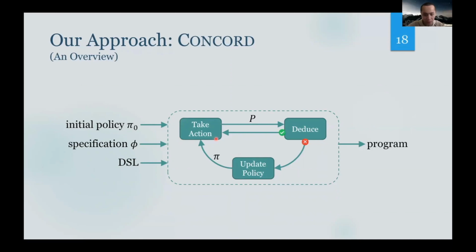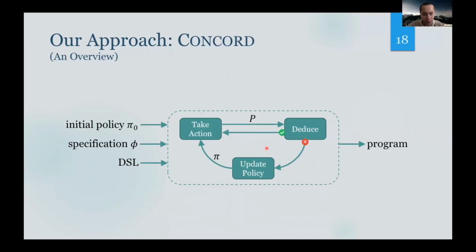And from the perspective of deductive approaches, it also has a deduce module that can tell in detail about the feasibility of the proposed program and provide more information about it. So the key part that makes Concord different is that the feedback from the deductive reasoning part can be seamlessly incorporated to update the statistical reasoning part.